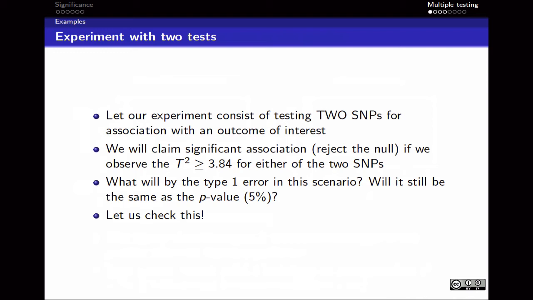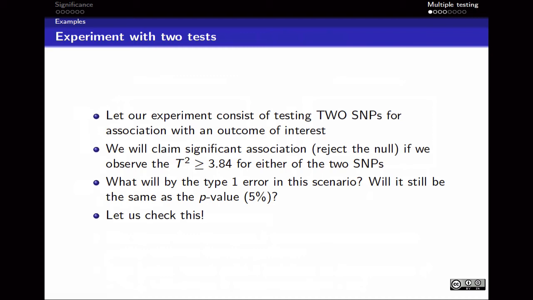And we are going to claim that we detect significant association with our candidate region. We are going to reject the null hypothesis if we observe a test statistic more than 3.84 for either of the two SNPs. So if we get it for one of the two SNPs, we say there is association.